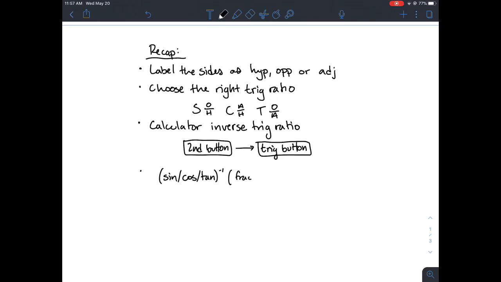So then our fraction, and that's going to give you your angle.